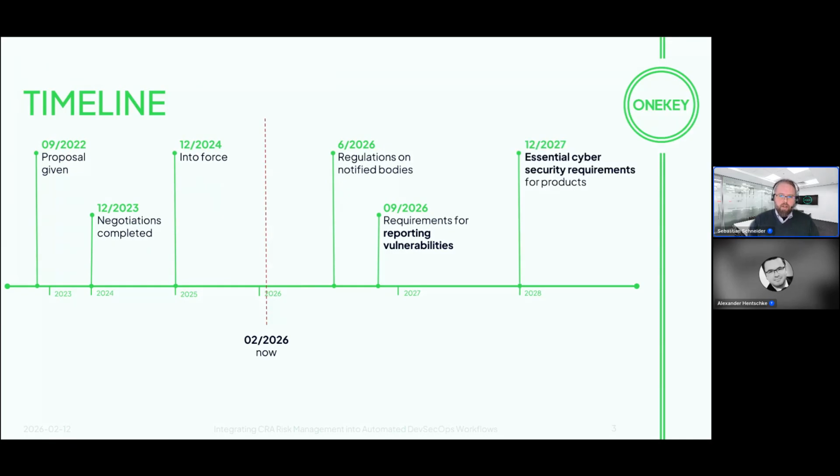And then at the end of next year, there will be the essential cybersecurity requirements. So all the requirements that are mentioned by the Cyber Resilience Act must be fulfilled by products that are placed on the EU market. And that's very important.